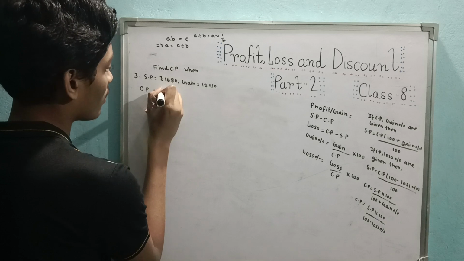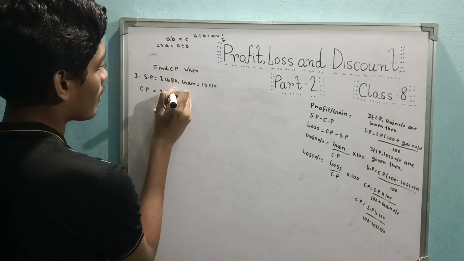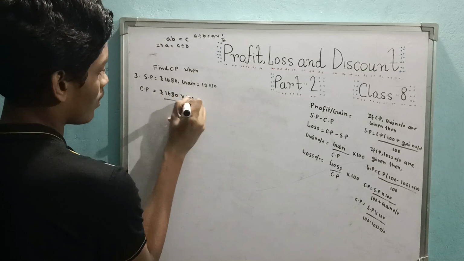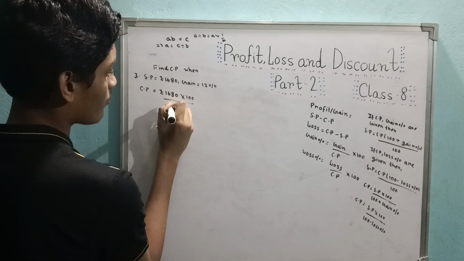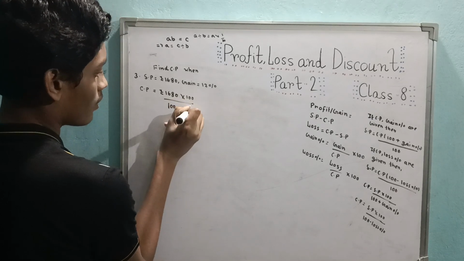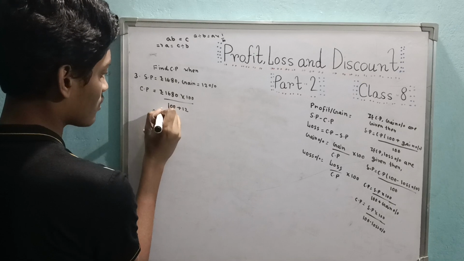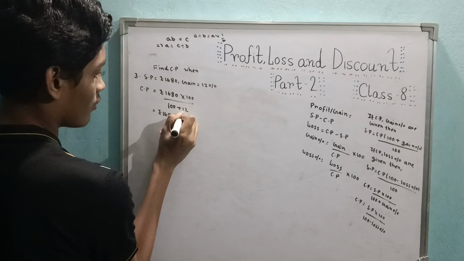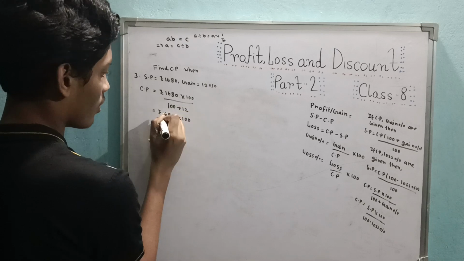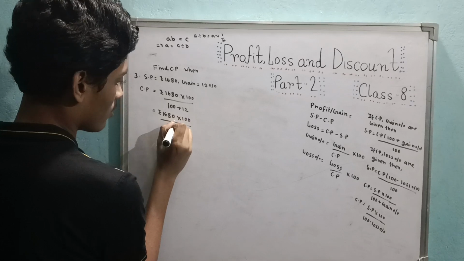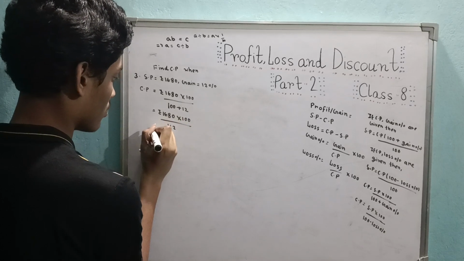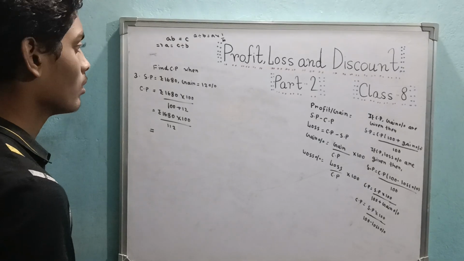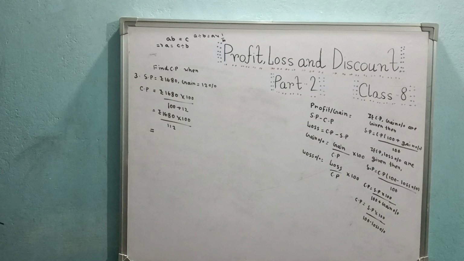Then CP will be 1680 multiplied by 100 divided by 100 plus gain percent, which was 12, equal to rupees 1680 multiplied by 100 by 112. It's not 12, okay, I think I'm not making a mistake. Last thing I want.